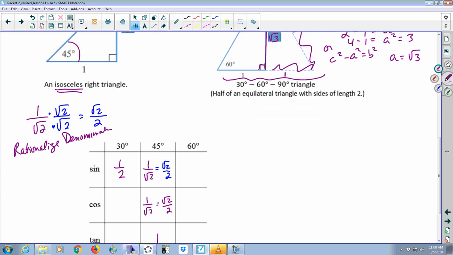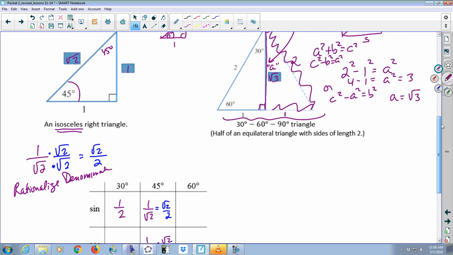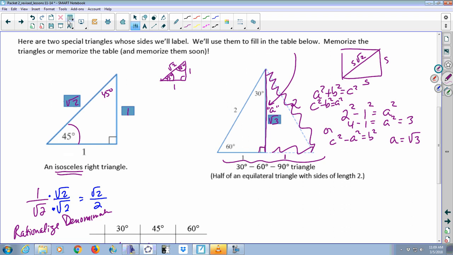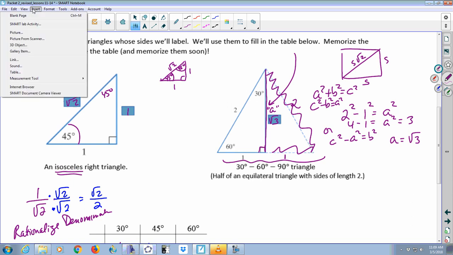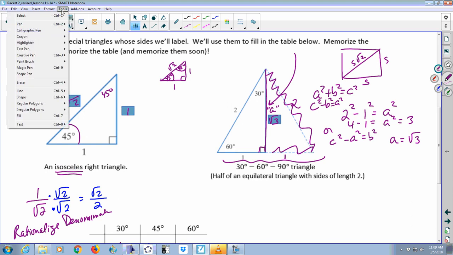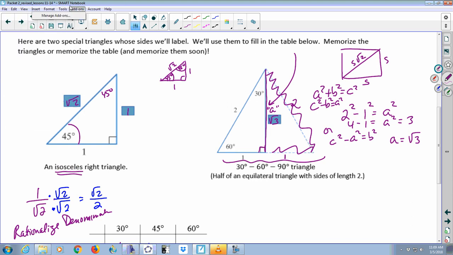Let me see if I can get that to come downstairs so I'm going to cut that out here. I haven't played with this for a while. Where is my camera? Oh, my camera's not on here. Tools. I don't see camera. Oh dear. Do I have Snagit on here? No, I don't.